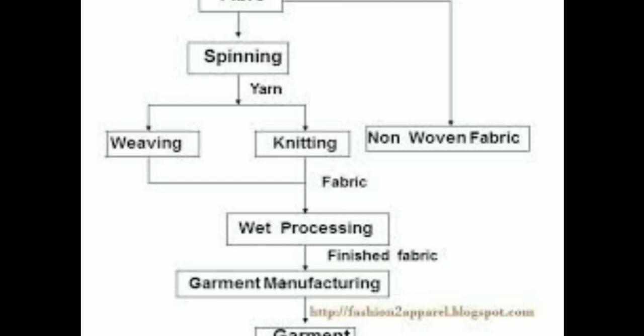Whereas non-woven fabric will not be spun. Under that you are going to have wet processing of the fabric, then finished fabric, garment manufacturing and garment, and non-woven fabric is also obtained from fiber. So you are going to draw this flow chart in your notebook very neatly.